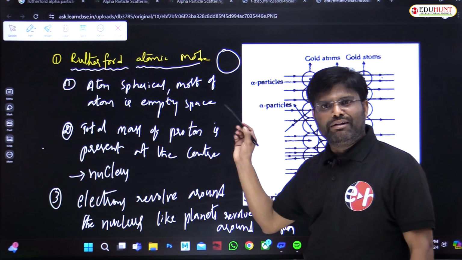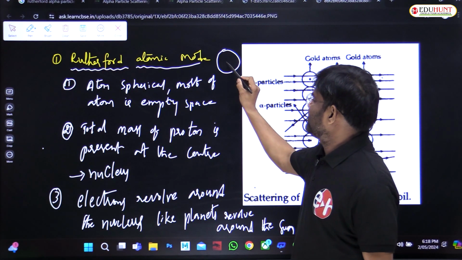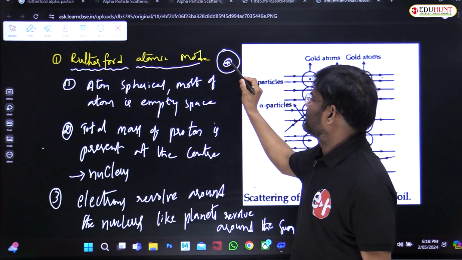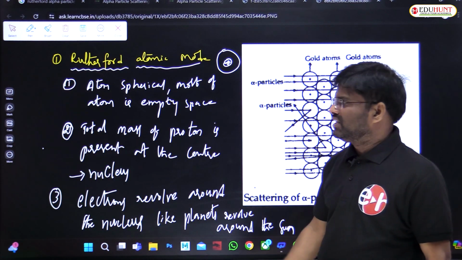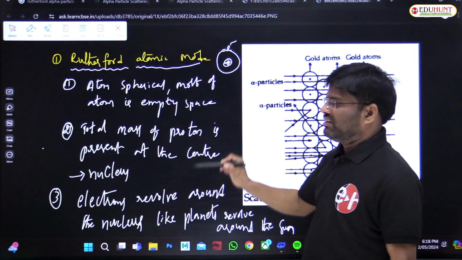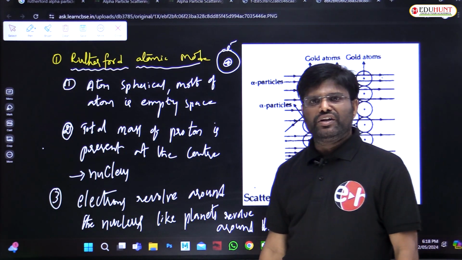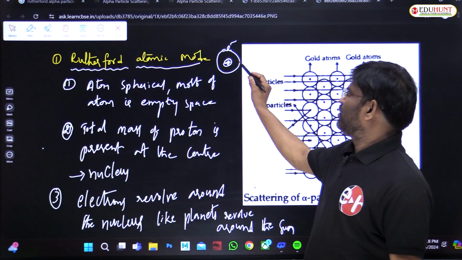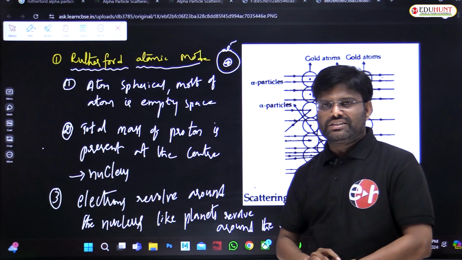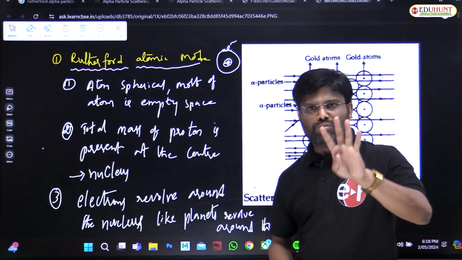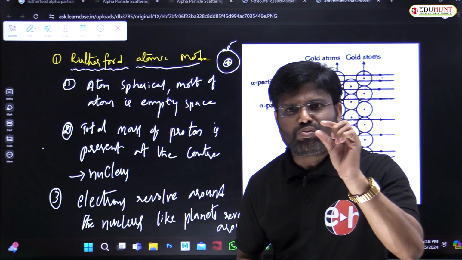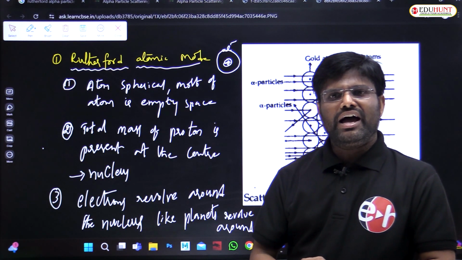Most of the atom is empty space and at the center proton is present. This is the proton, positive charge, and this is electron revolves around the nucleus. Electrons revolve around the nucleus. So these are the 3 points. One more point: the size of the nucleus is smaller than the size of the atom.